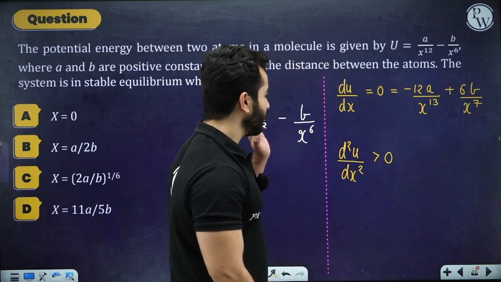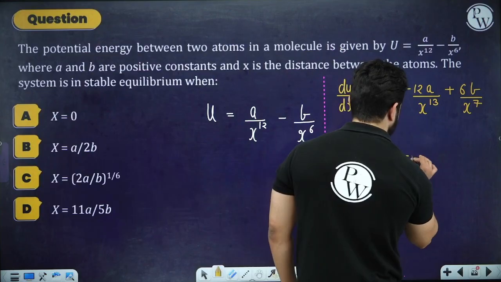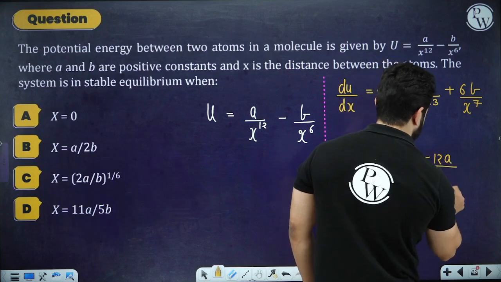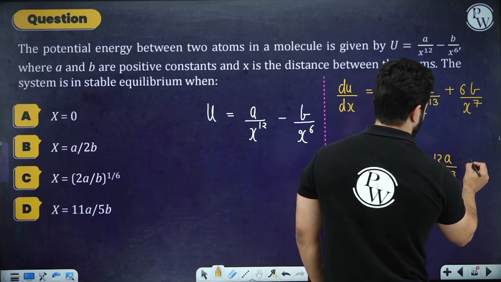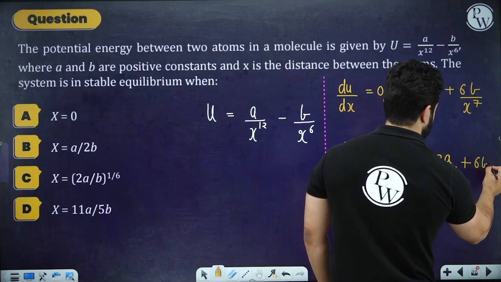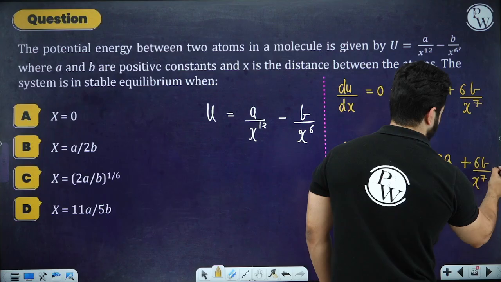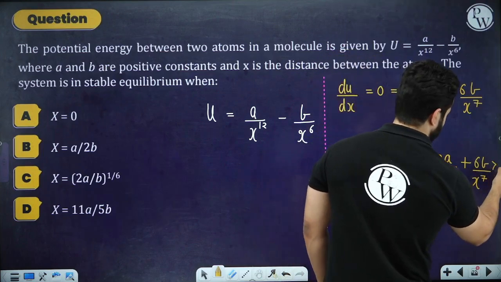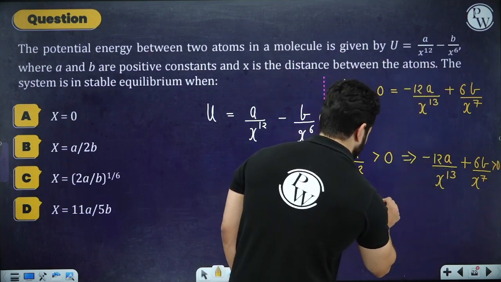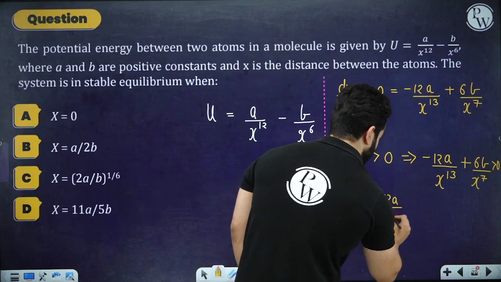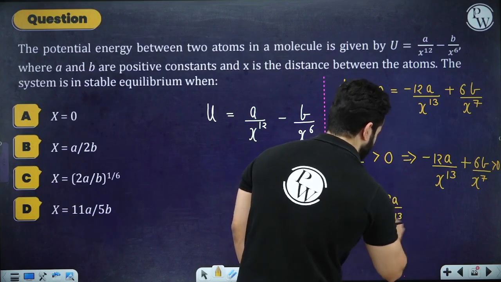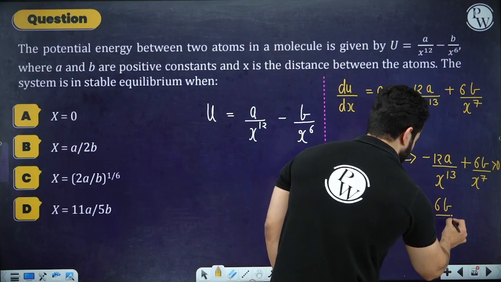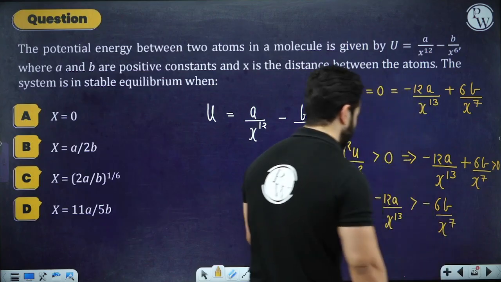So if this should be greater than 0, we can imply that minus 12 A by x to the power 13 plus 6 B by x to the power 7 should be greater than 0. So this is going to be minus 12A by x to the power 13 should be greater than minus 6B by x to the power 7, right?